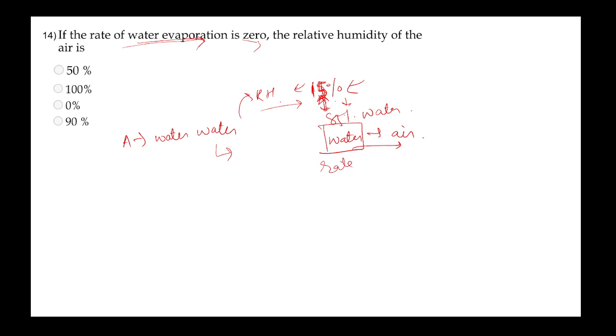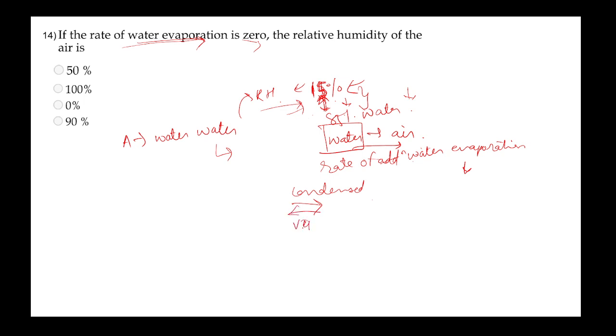The rate of addition of water will be more when the relative humidity is low. The rate of evaporation will reduce when the difference reduces, or when the air has more and more water in it, and further it will not allow any addition of water. So there will be a net change, and some water will also get condensed. So it is an equilibrium process.